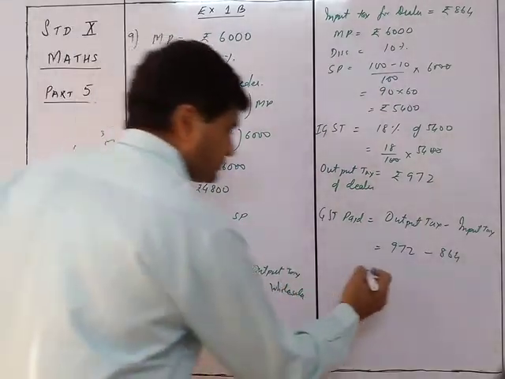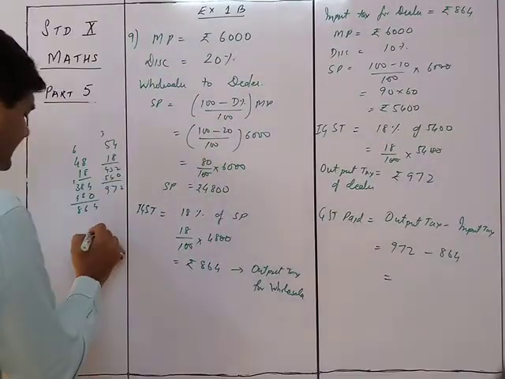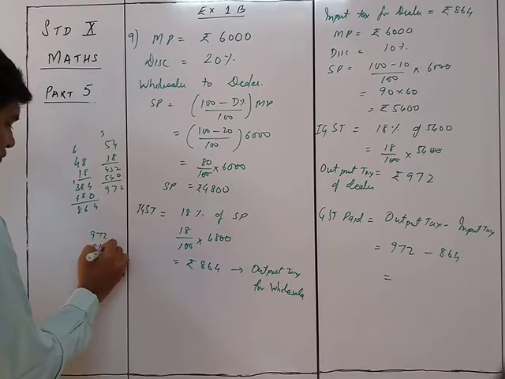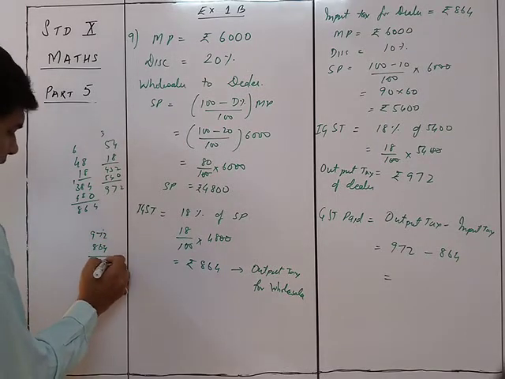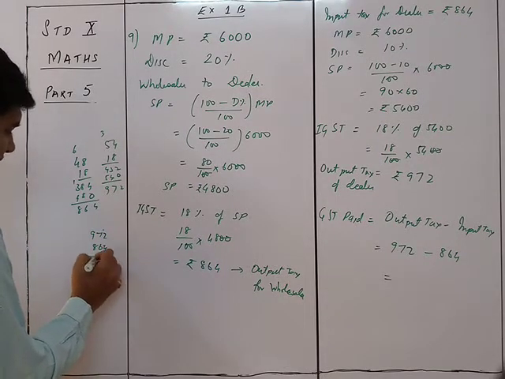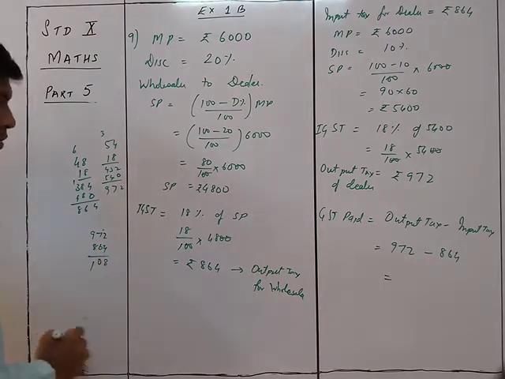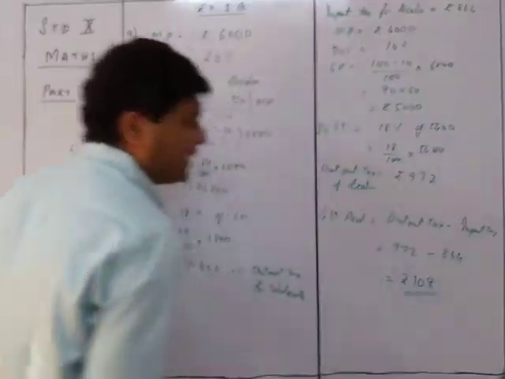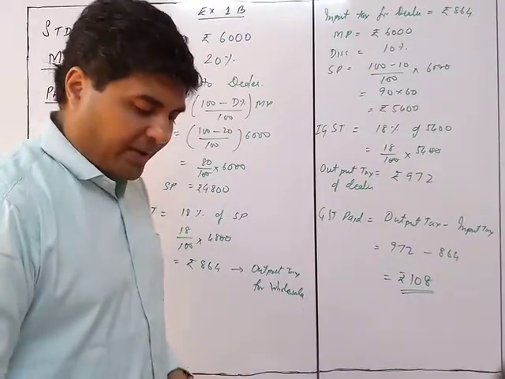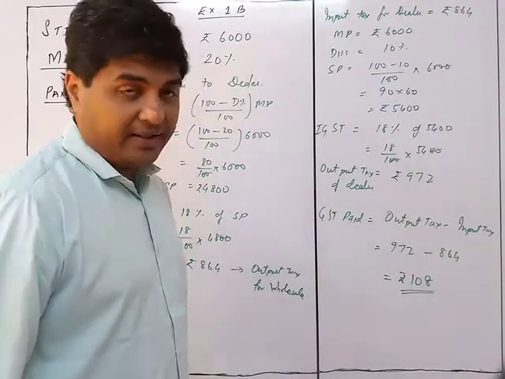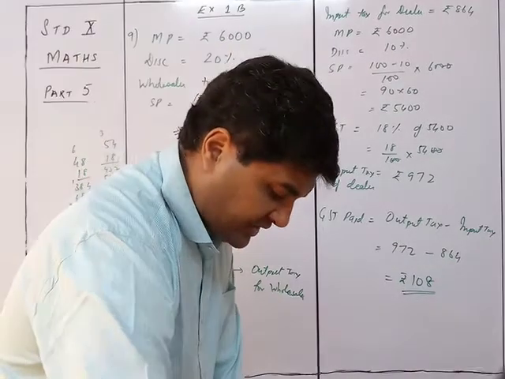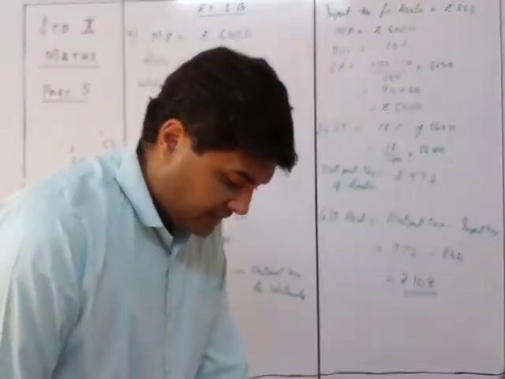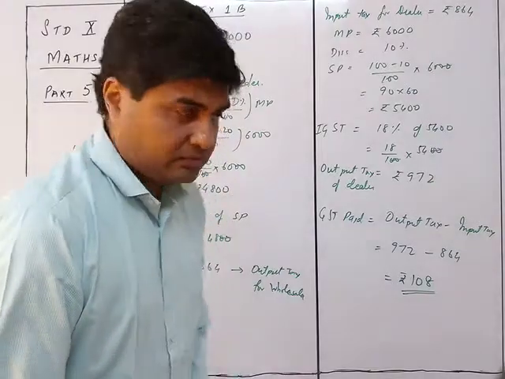The difference is 108. So rupees 108 is the amount the dealer pays to the government at the end. So the GST paid by the dealer is 108.